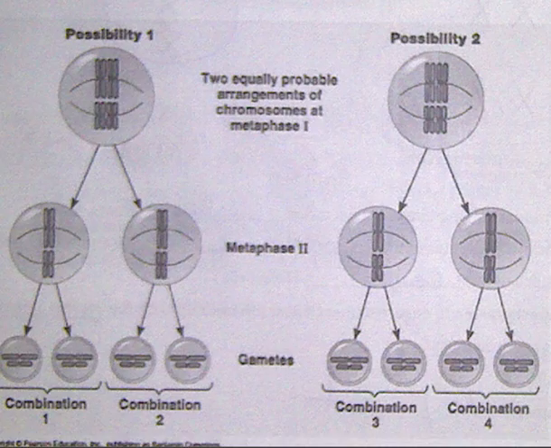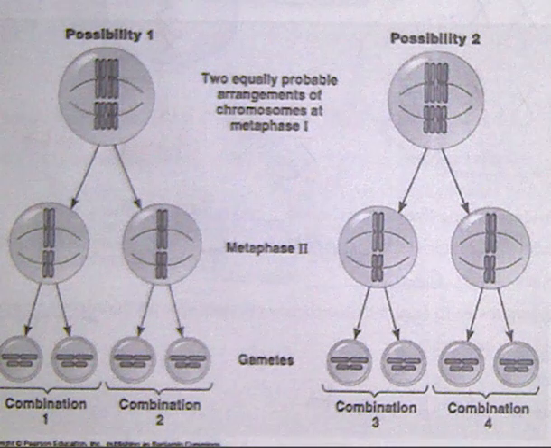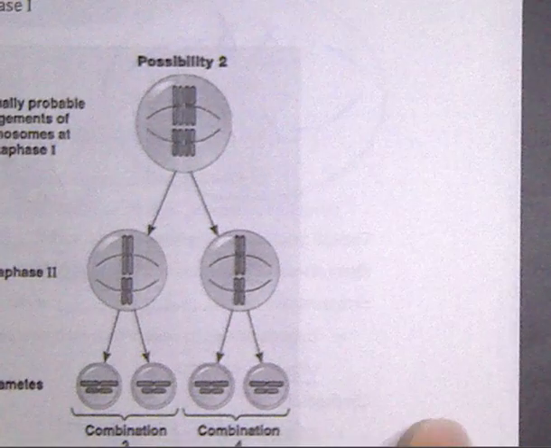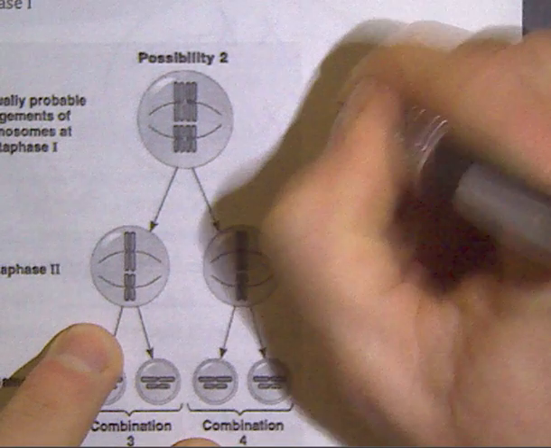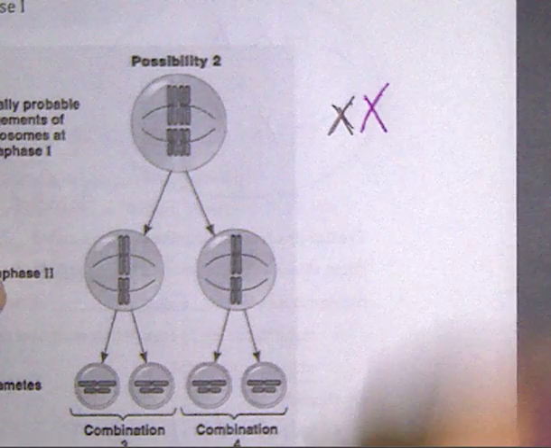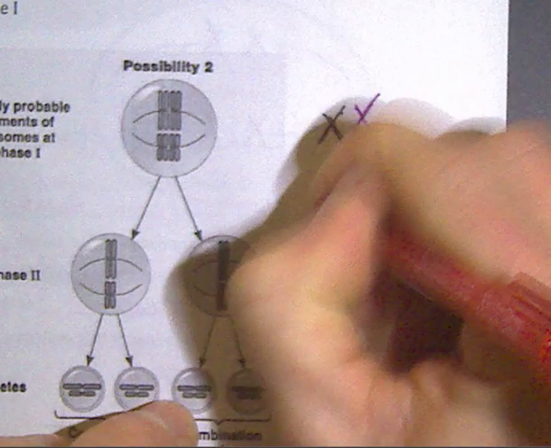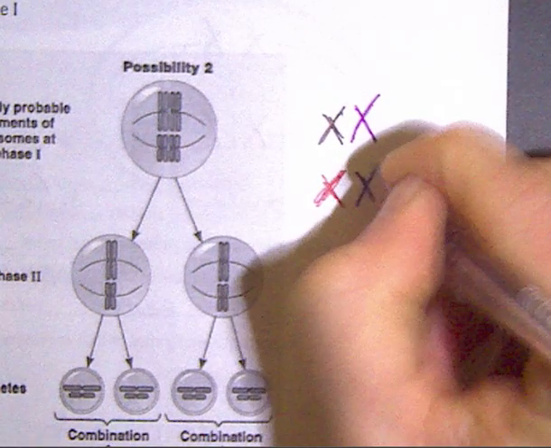So let's see here, I've got to find some different colored pens and pencils. All right? So let's just take a look. All this is saying is that, let's say these two chromosomes code for eye color, and these two chromosomes have the genes that code for height.